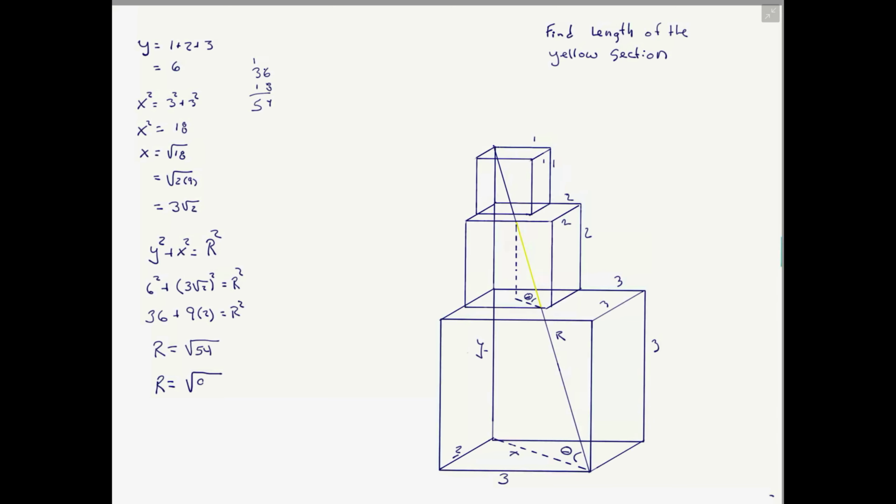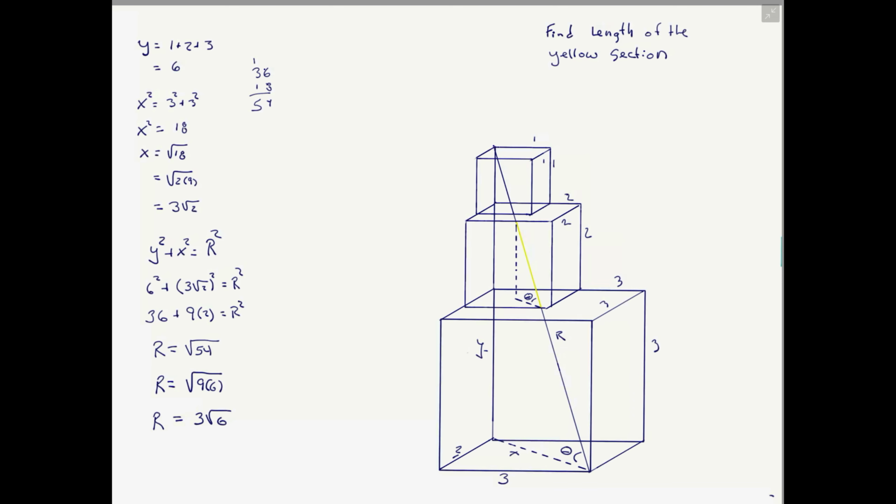So that's 36 plus 9 times 2 equals r squared. And of course that's 18, so 36 and 18, that's 54.